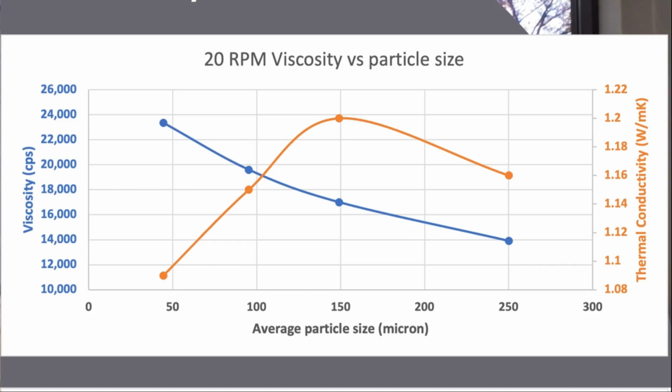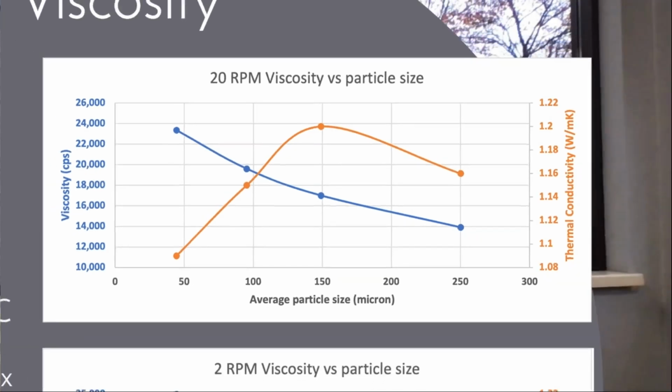If you say, well, if we just put lots and lots of small particles in there, we're going to get better contact, better thermal conductivity, that's actually not true. If you look on the far left, when you have a very small particle, you actually have a pretty low thermal conductivity, almost just above 1.08. Whereas if you increase your particle size a little bit and get to an average particle size of 150, you increase your thermal conductivity and reduce the viscosity at the same time.